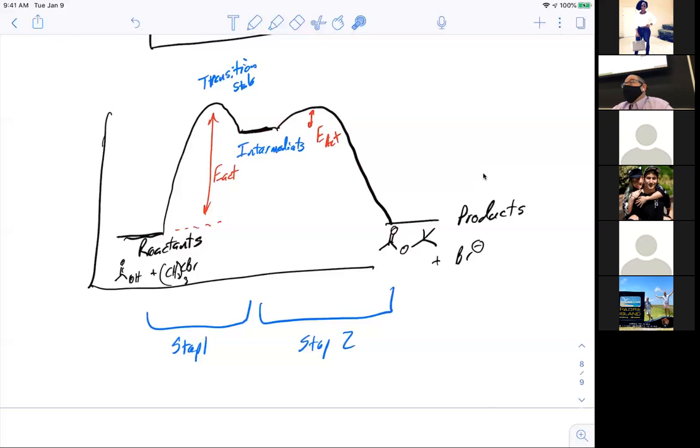Does it change the stability, the energy of the reactants and the energy of the products? No, it just lowers the energy of activation. So it can make things go faster because it lowers the energy of activation. In biological systems, enzymes are catalysts because they lower the energy of activation, but they don't change the overall stability of the products and reactants.